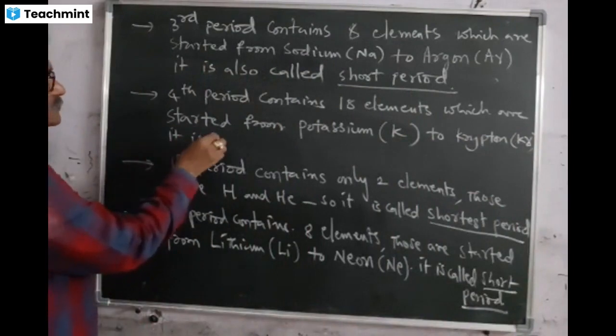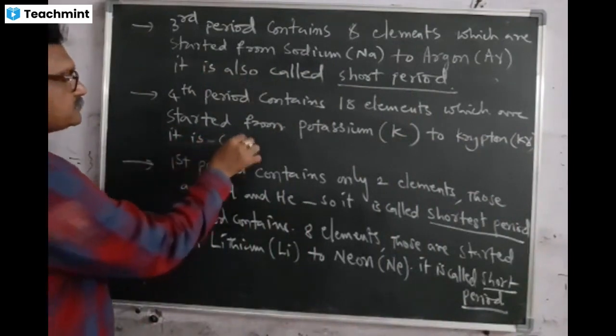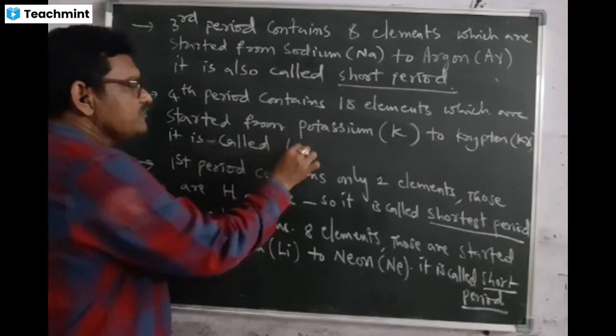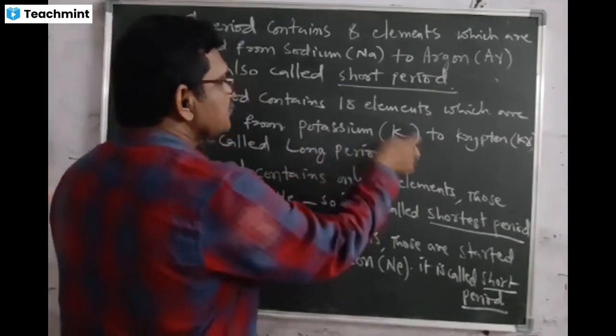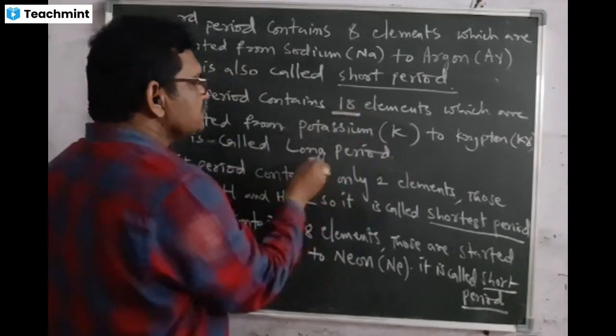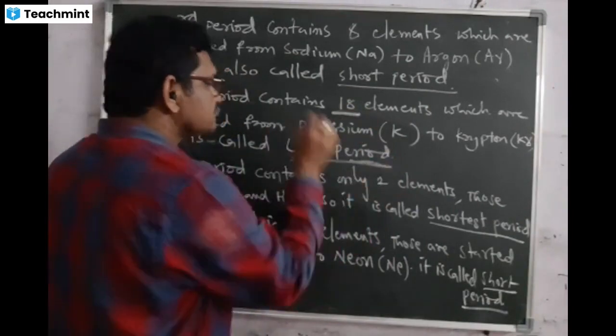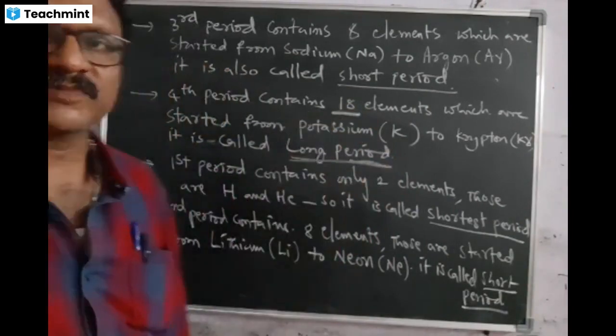It is called a long period. Because here we have 18 elements, that's why it is a long period.